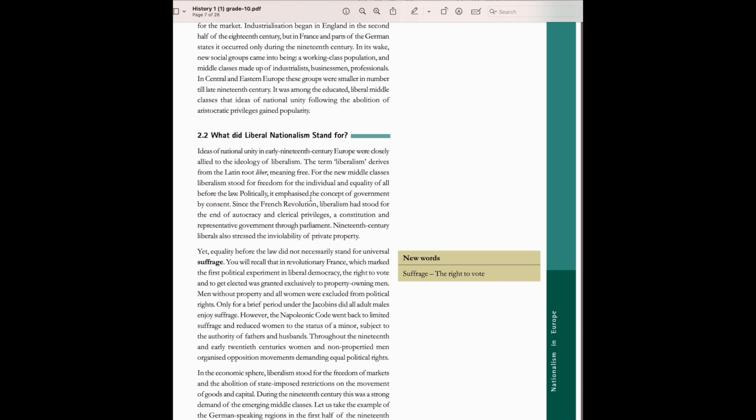Politically, it emphasized the concept of government by consent. Since the French Revolution, liberalism had stood for the end of autocracy and clerical privileges, a constitution, and representative government through parliament. 19th century liberals also stressed the inviolability of private property.